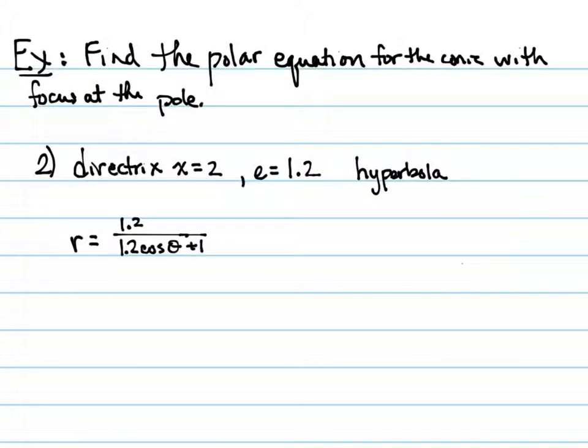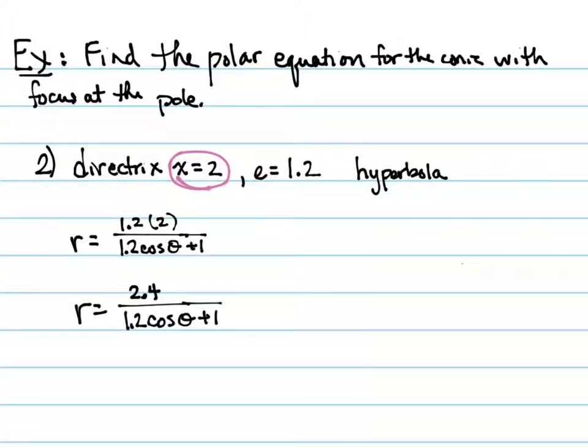And then the d value is 2. Is it supposed to be ed on top? Yeah, I haven't finished it. So the d value is 2, and you're right, it goes on top. So my equation ends up being 2.4 over 1.2 cosine theta plus 1. Make sense?